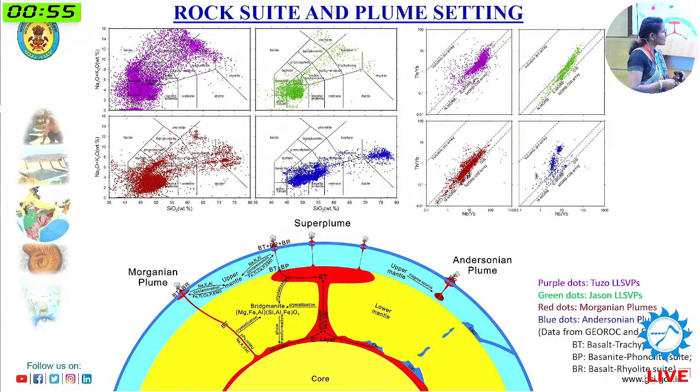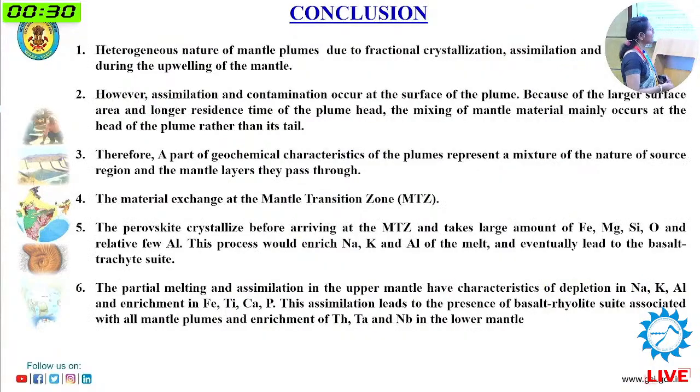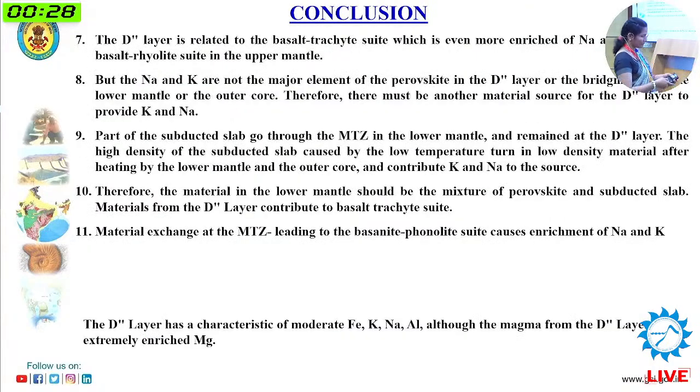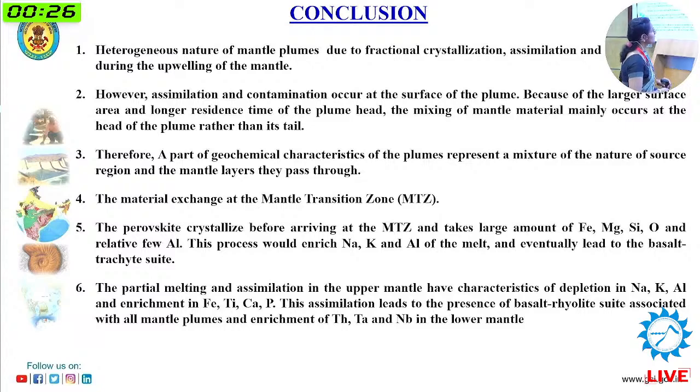So that may be a part of the super plume, where the mantle metasomatism may have taken place due to the D" layer, and in different zones or different storage houses, the contamination or assimilation of the subducted slab may be there. That's where they form the variety of rocks. So these are the conclusions from my study. Thank you.